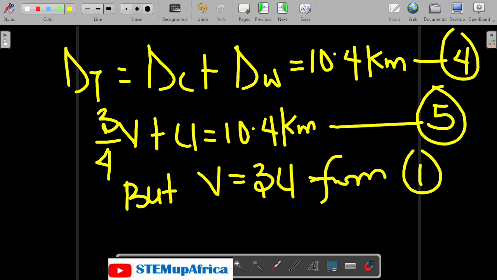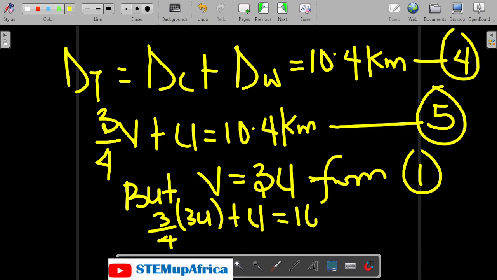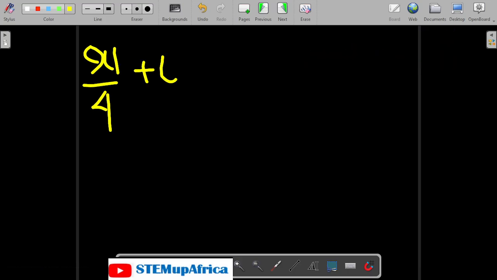So let's substitute that V now. I'm going to write 3U. So I'm having 3 over 4 bracket 3U plus U is equals to 10.4. So I will simplify this. 3 times 3 will give us 9U over 4 plus U over 1 is equals to 10.4.